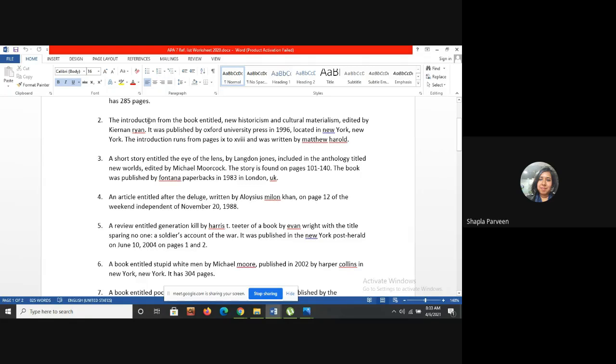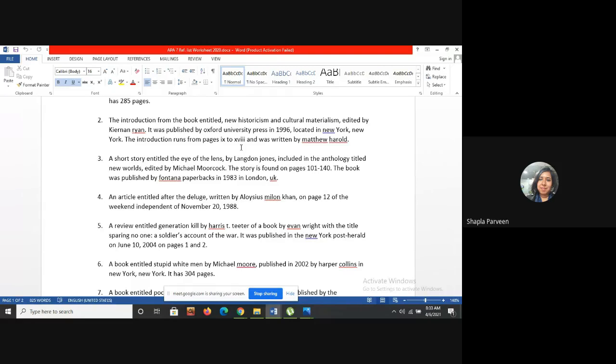So these types of books usually have an editor as well. Maybe there are several chapters, an introduction and several chapters. Basically, the information was borrowed from the introduction section.